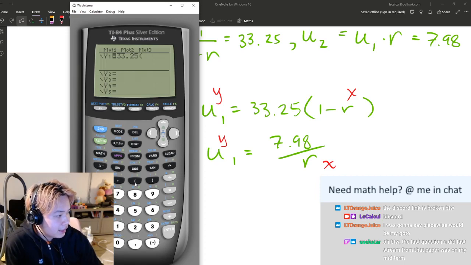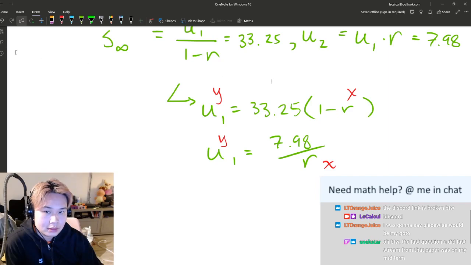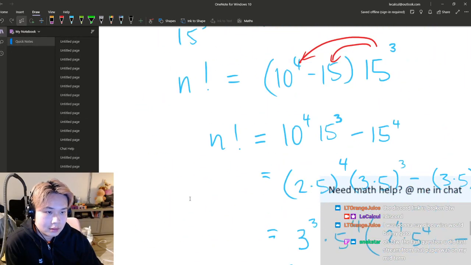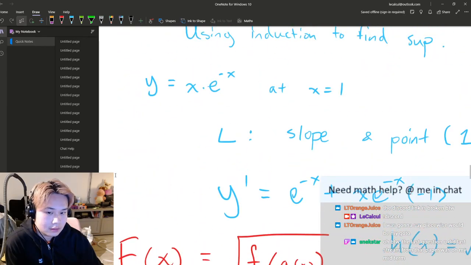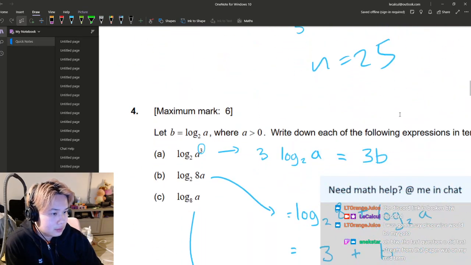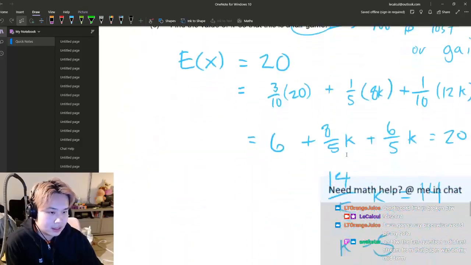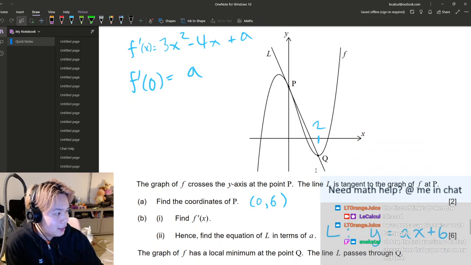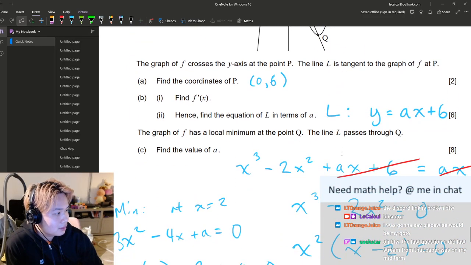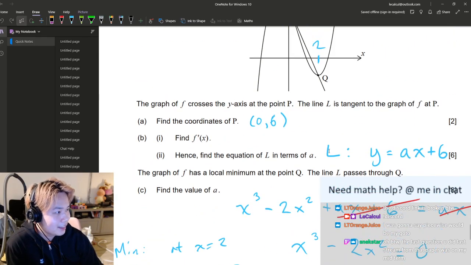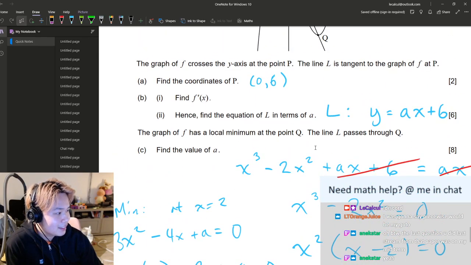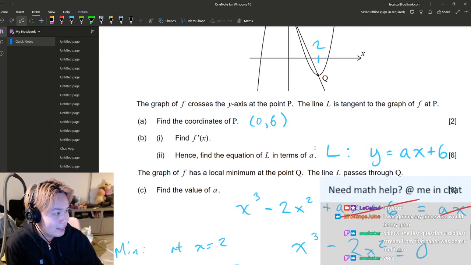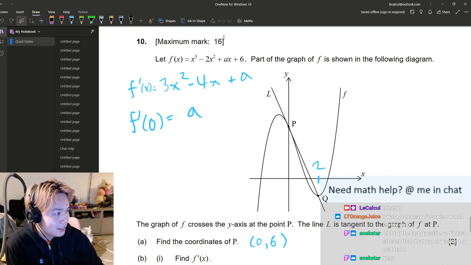The last question I did last stream from that paper was on your midterm. The last question. This one, right? What was the last question? I thought it was a probability question. Oh, it was this one. This one about P and Q? Did you remember how I did it? Nice. Well, hopefully you remembered how I did it, and this was hopefully no issue for you. That's 16 free marks then.